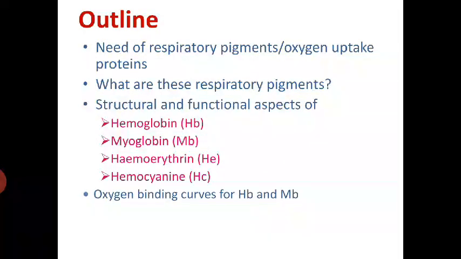Then we will go to the next topic, that is oxygen binding curves of hemoglobin and myoglobin. Then we will see the structure function relationship regarding the function of these respiratory pigments, how the structure will be in biological systems.